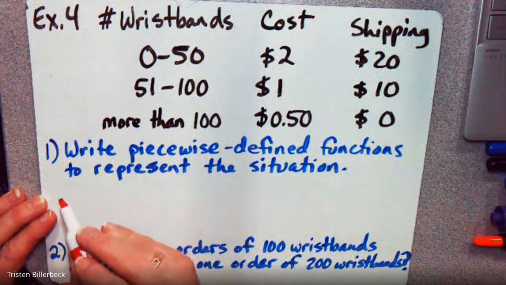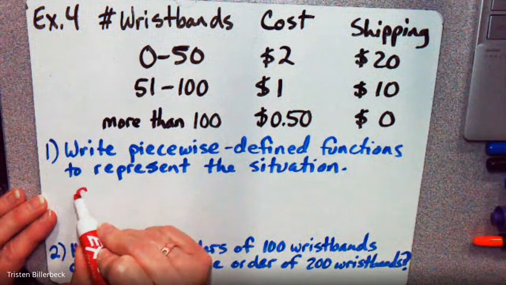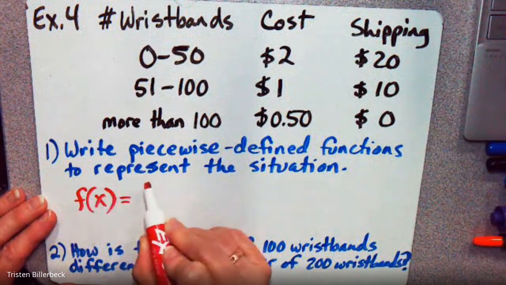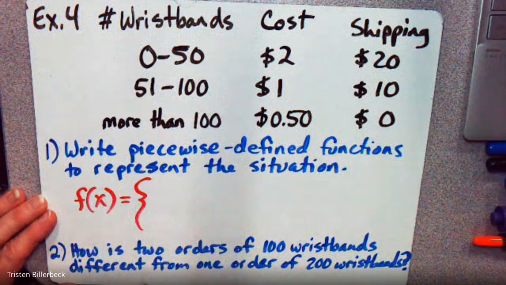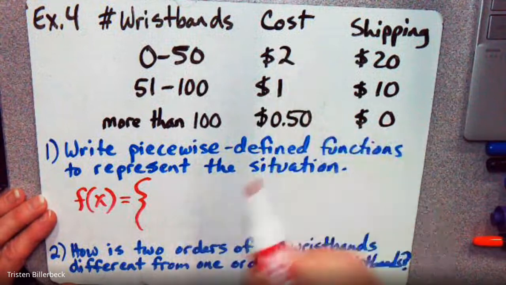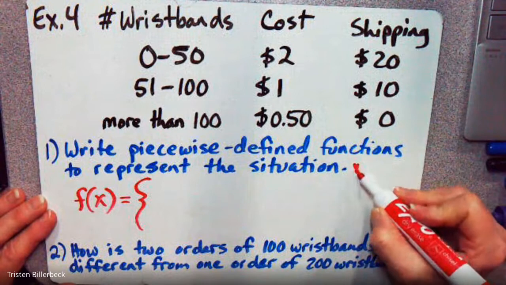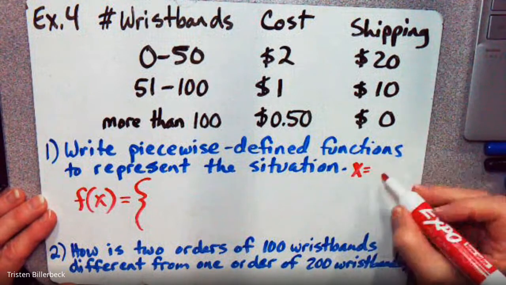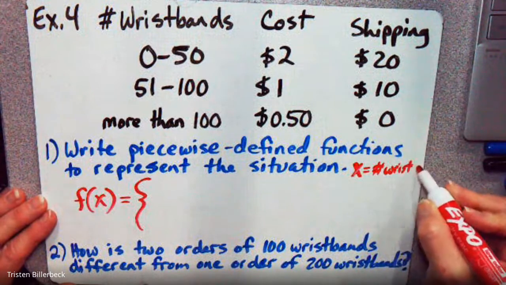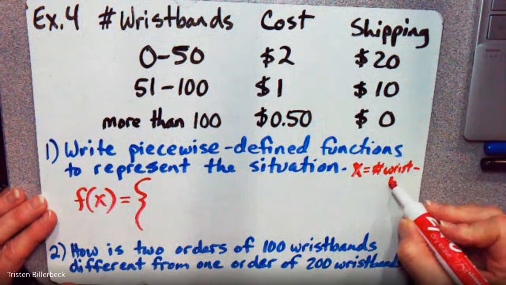So let's represent this. If I have 0 to 50, I write f of x, and it's going to equal this. Let's use x for the number of wristbands.